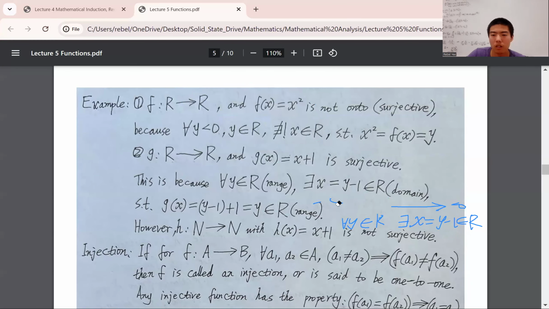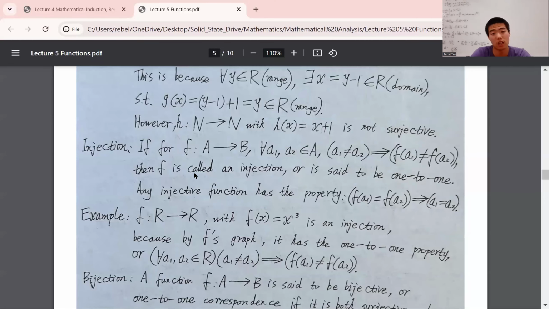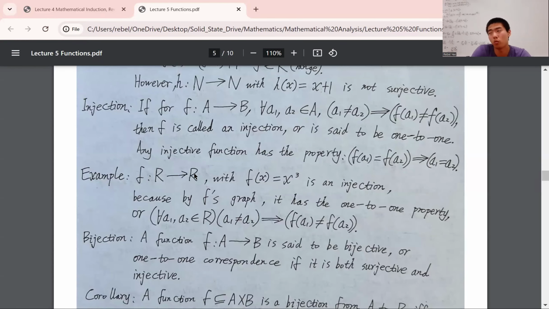Okay, so this is the surjective definition, and we'll go to the second definition, which is injective. So what is injective? Injective means it's a one-to-one relationship, which means, maybe we'll say the opposite way, all of the elements in its codomain, maybe in its range, are related to only one element in the domain.